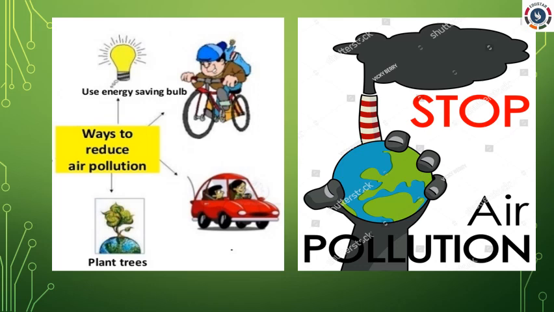The government should continuously monitor the atmosphere for pollutants. And keep your house well ventilated and use fans instead of air conditioners, that is AC, because they emit hot gases.